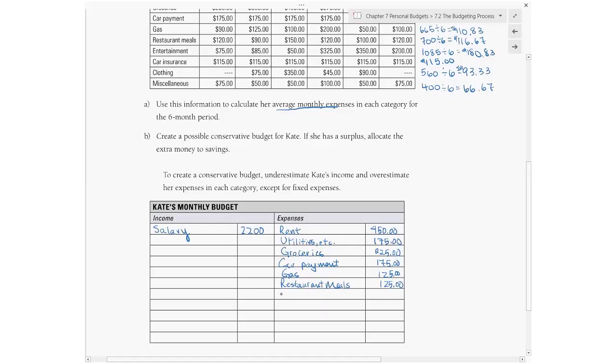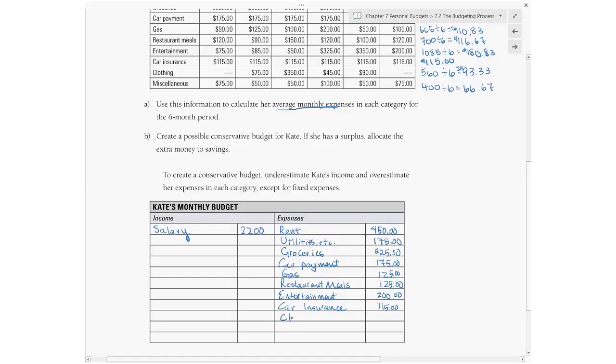Then we had entertainment. So entertainment, she averaged $180.83. Let's just make that $200. Car insurance. That one's the same every month again, so $115.